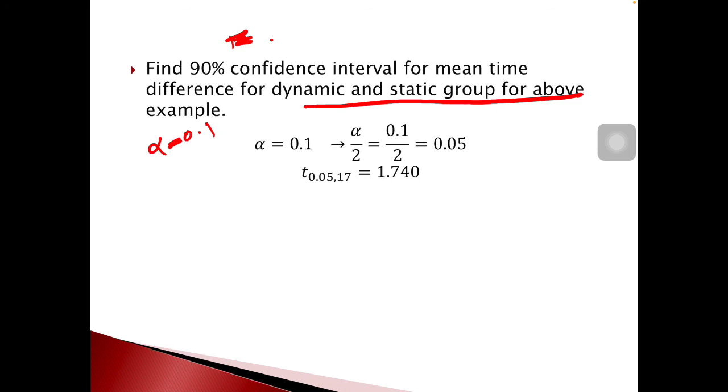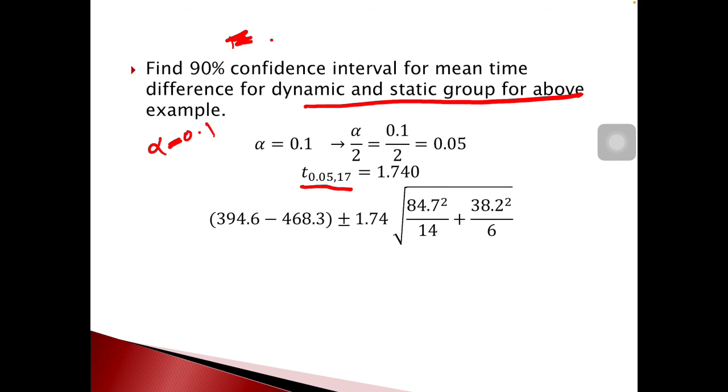What is the degree of freedom? 17. So you can go to the table and find t 0.05 comma 17, it is 1.740. Then you plug that value into this formula. You know x1 bar, x2 bar, and all other variables, so you can simply plug these values in and find this interval. There are two values, lower bound and upper bound, because it is an interval.